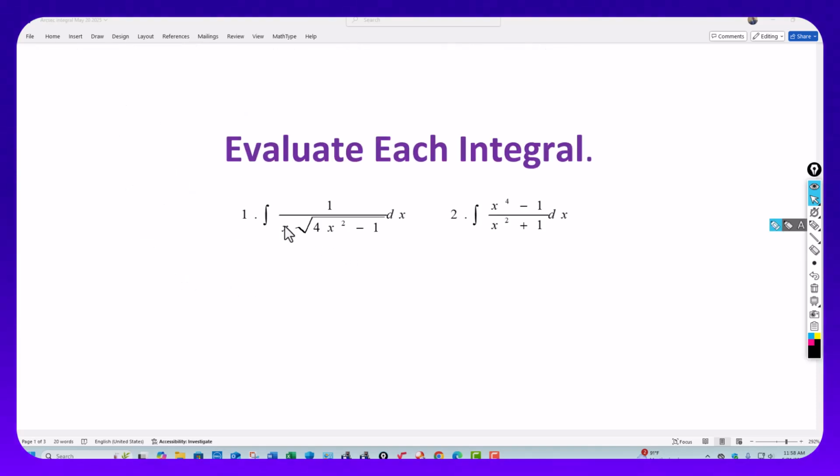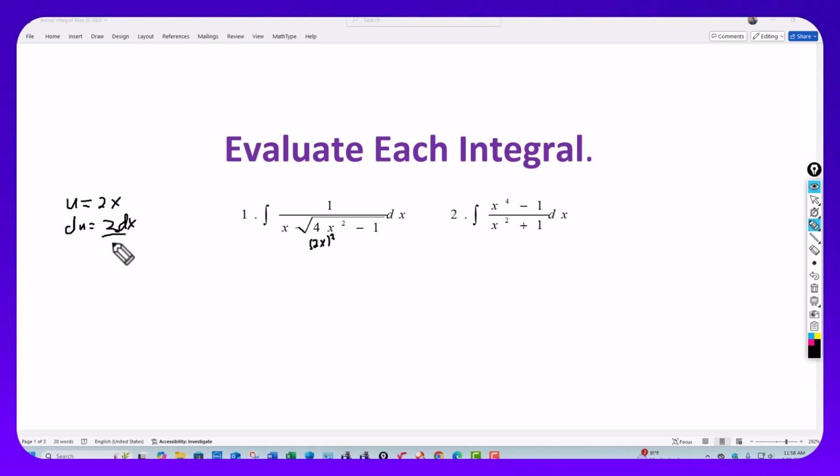You got the x there, and you got the 4x squared can be written as 2x, quantity squared. So let's start right there and let u equal to 2x. Then du would be the derivative of 2x, which is 2 dx.